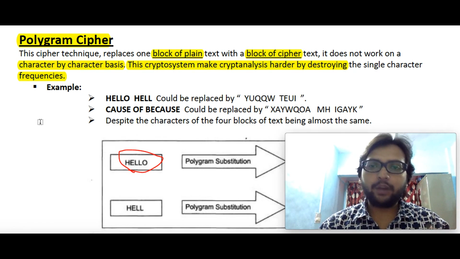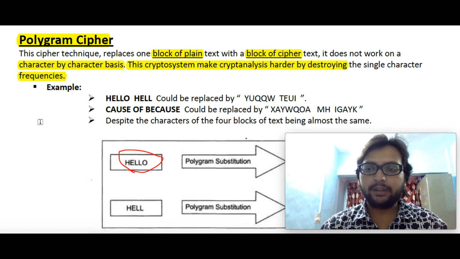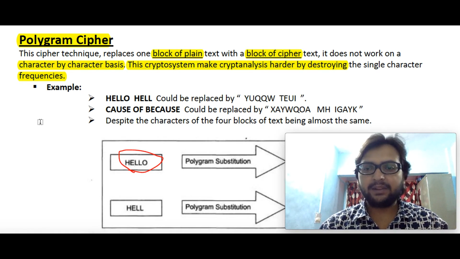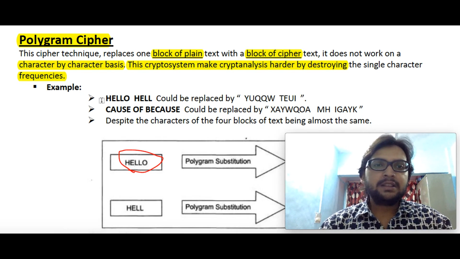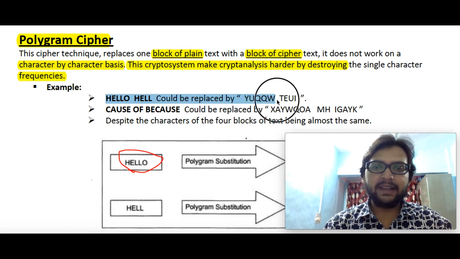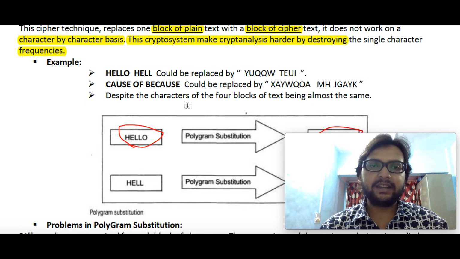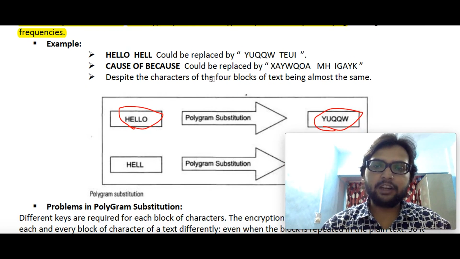Instead of that, we need to follow a block by block pattern cipher algorithm, which is much faster as compared to character by character. This is one of the differences. For example, hello and hell could be replaced with completely different text, because each block could be replaced with some other text. I hope this particular technique is clear, despite the blocks of text being almost the same.